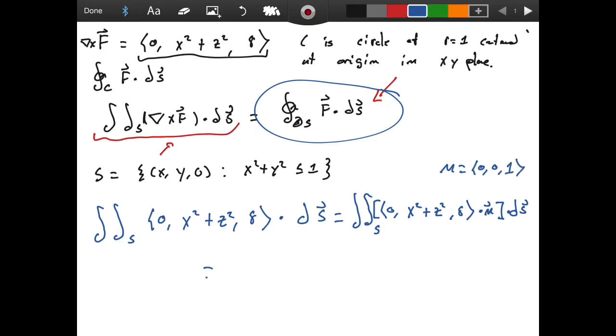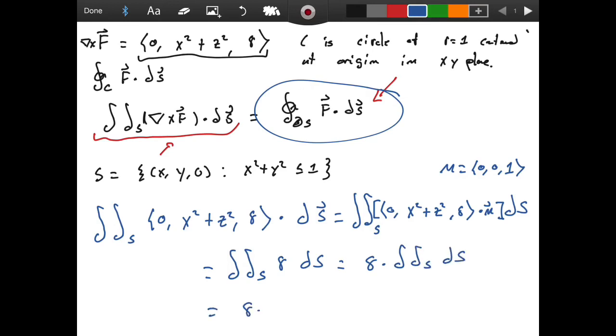And so this is equal to the surface integral of the function 8 over the surface. This is just ds. It's not vectors, just ds. The surface is the disk of radius 1 centered at the origin, so this is going to be equal to 8 times the integral over S of ds.